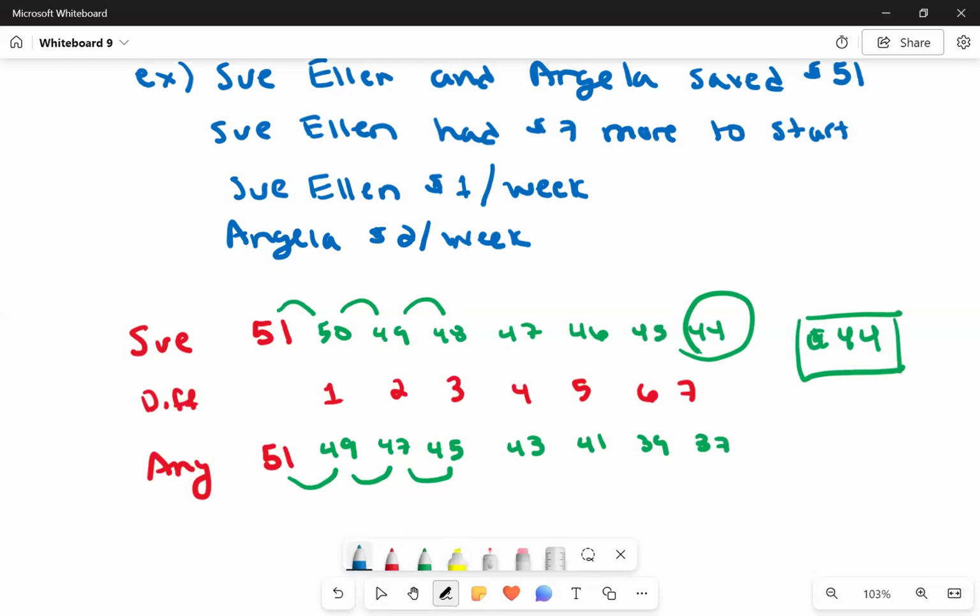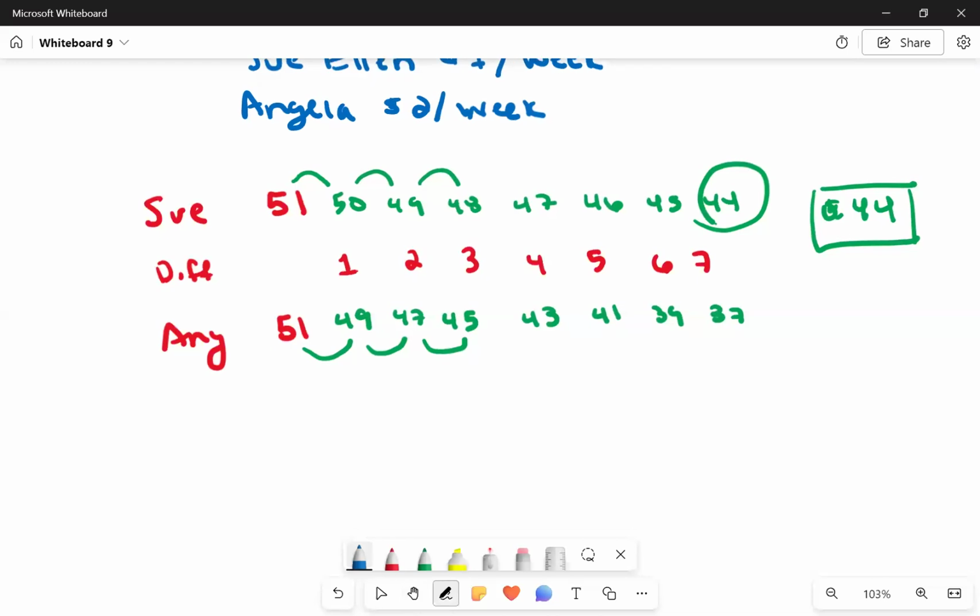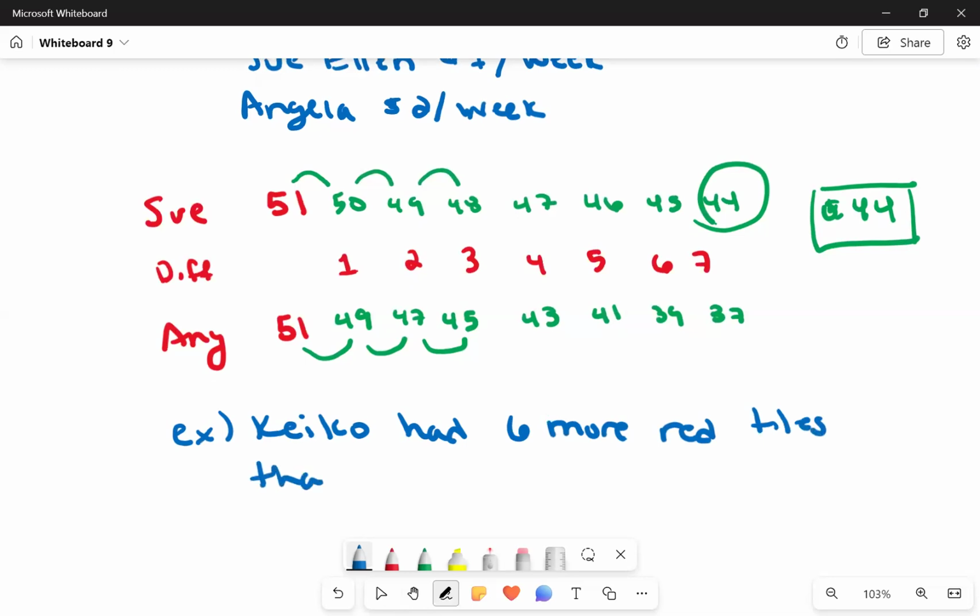Let's try one more just to make sure we feel good about it. Okay, so Kiko had 6 more red tiles than yellow tiles. Let me write that down. Kiko had 6 more red tiles than yellow tiles. So she gives half her red to Amelia.